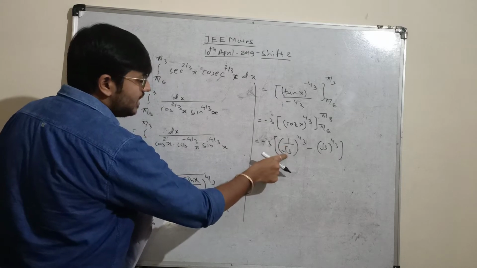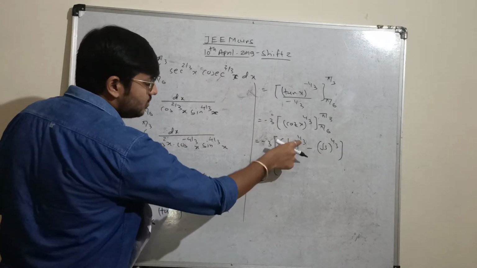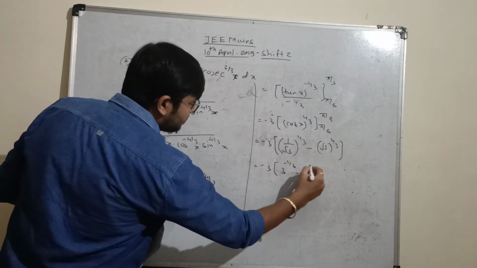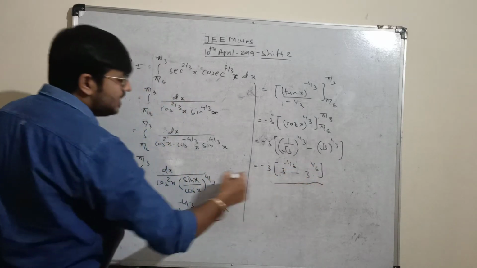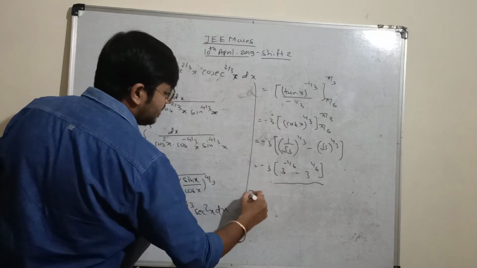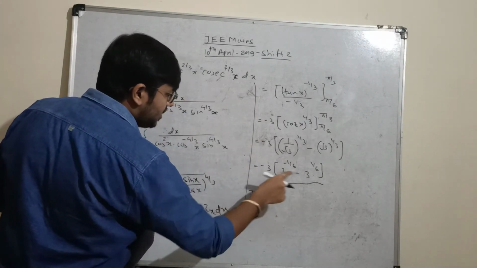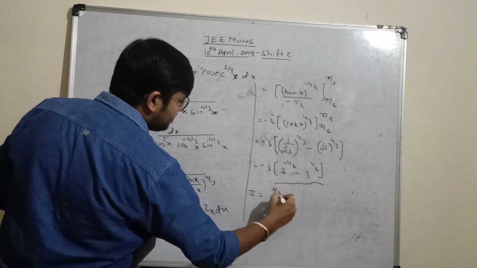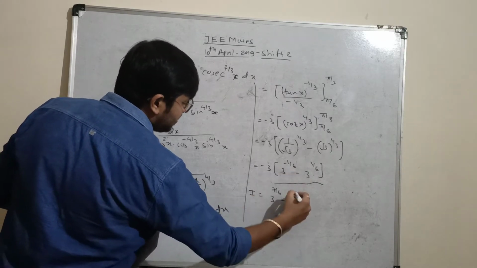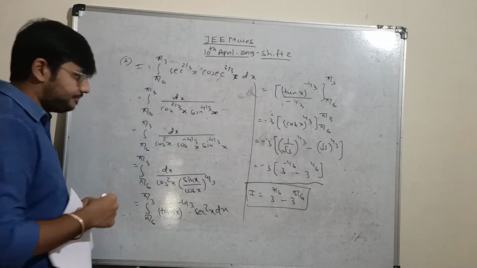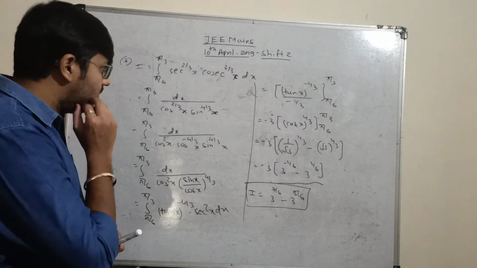Root 3 is 3 raised to 1 by 2, whole raised to 1 by 3, that is 3 raised to minus 1 by 6 minus 3 raised to plus 1 by 6. So if I multiply 3 in the bracket, it is minus minus plus, 3 raised to 1 by 6 plus 1, that is 7 by 6, and minus 1 by 6 plus 1, that is 5 by 6. This will be my answer, right? So it's easy.